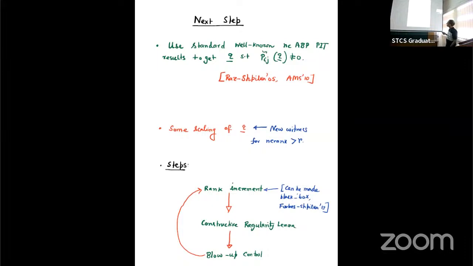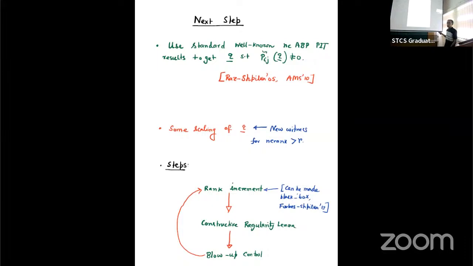So to summarize, you have 3 steps: the rank increment, and from this R you go to R plus 1, that is the constructive regularity lemma, and then you have blow up control. You bring down, here is a place where you will incur some dimension increase. You will do some tensor operation and that will change your dimension. You have to cut it down and you repeat. I skipped many details, but this is the rough sketch.